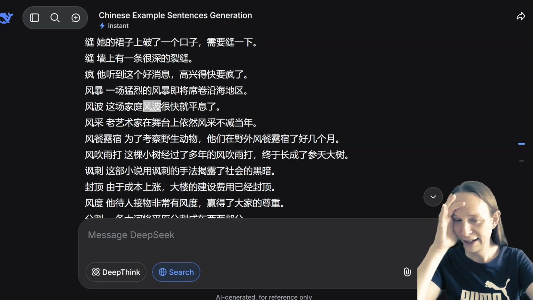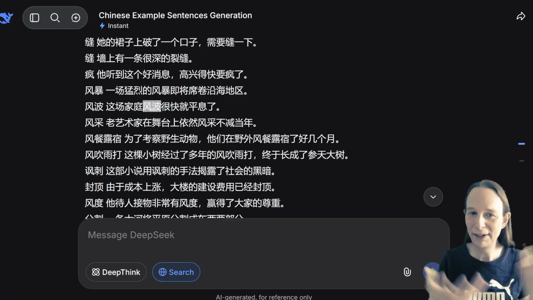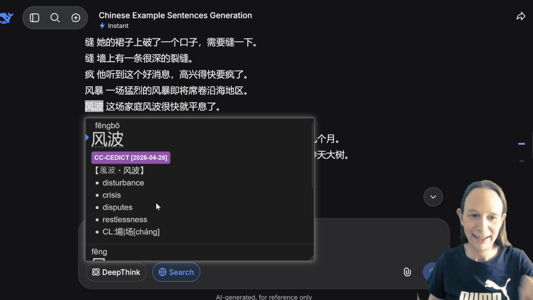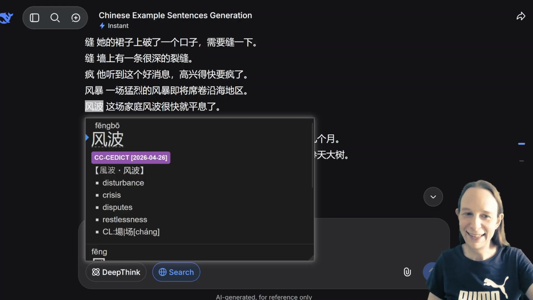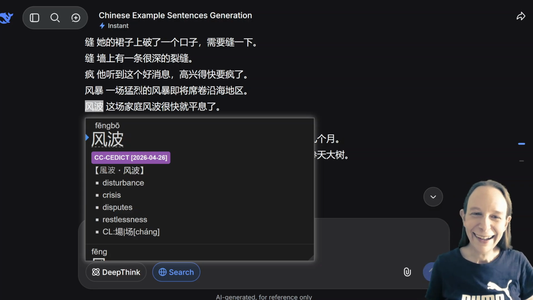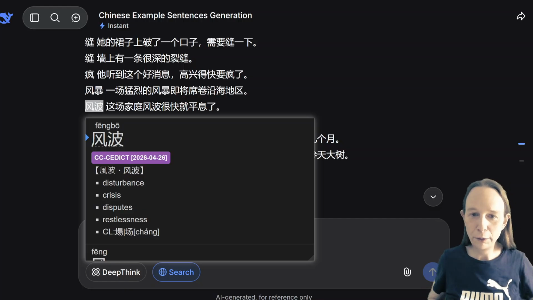It refers to the customs or harmony or interactions between family members in this context. So it's like disturbance. I sense a 风波 in the force. Crisis, disputes.